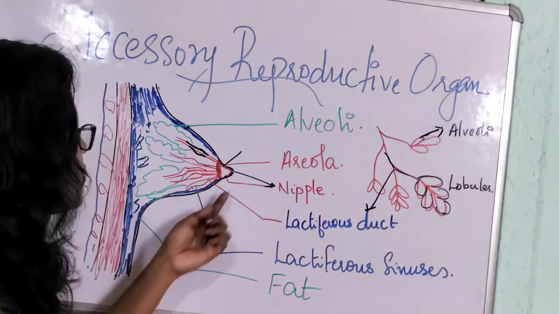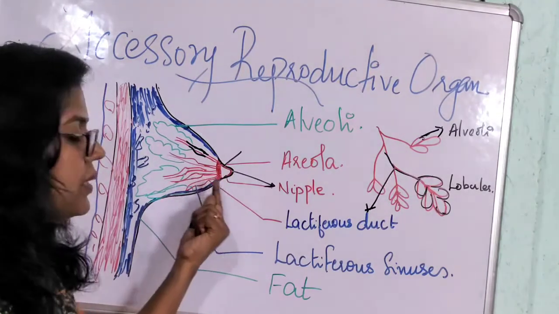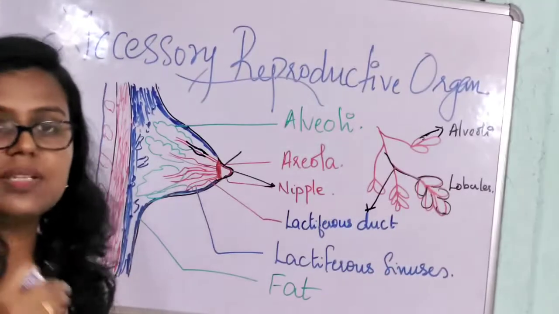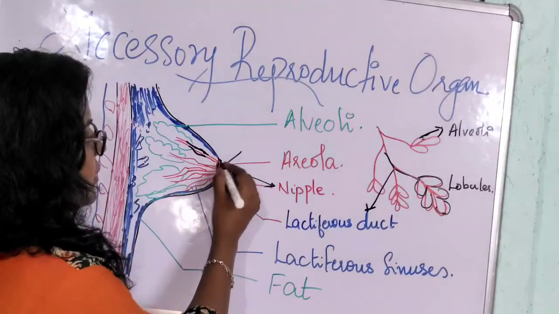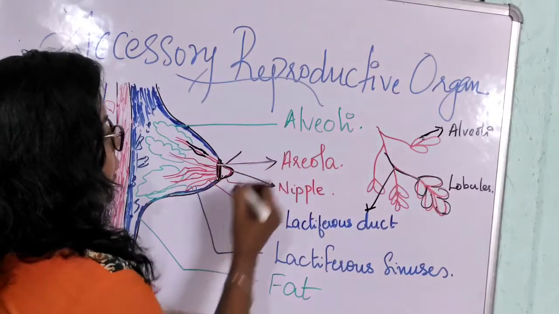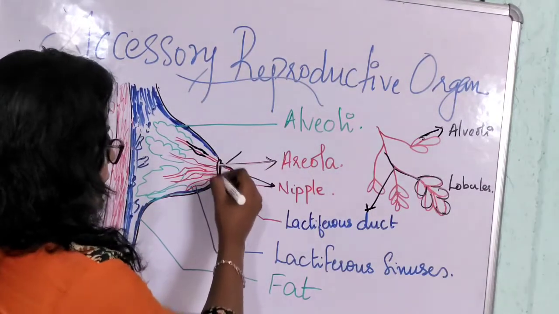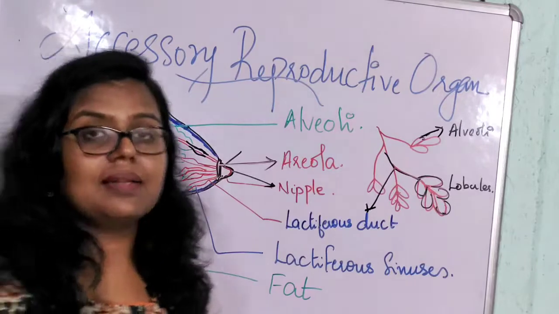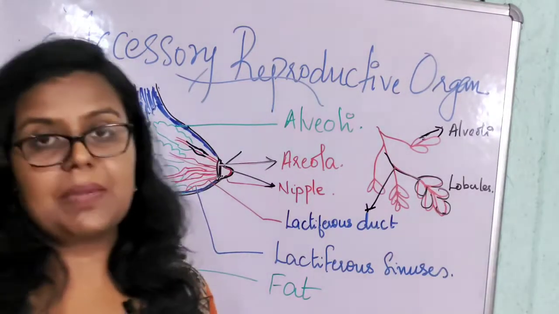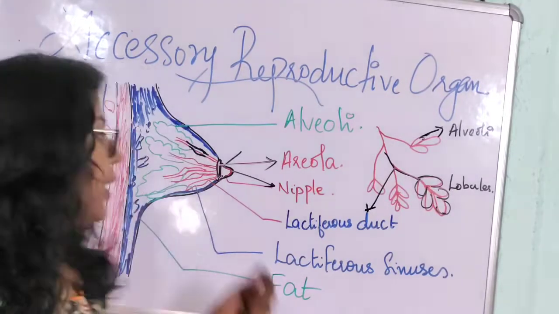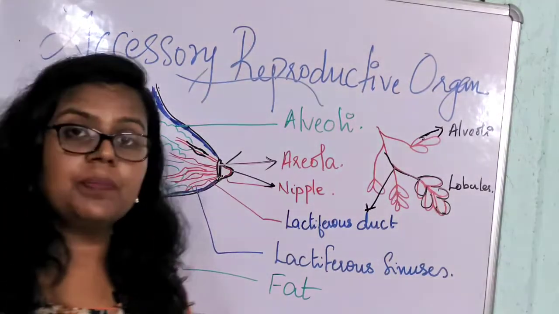Next to the nipple there is a dark, pigmented area, and this pigmented area is known as the areola. At the time of pregnancy it will be more pigmented, that is, highly pigmented. What is the peculiarity of this areola?